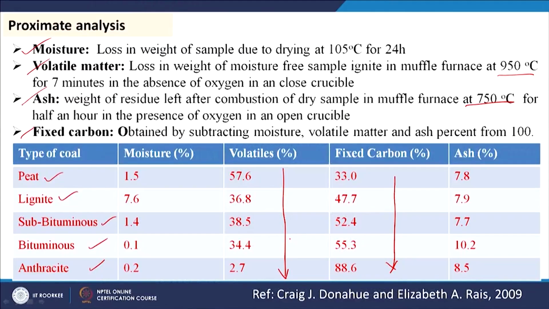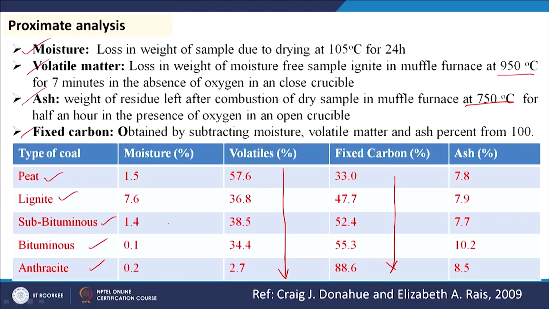So, with the stage of maturity these two are changing, volatiles reducing and fixed carbon increasing, as discussed in the introductory module. But moisture and ash are not inherent properties every time. They also depend upon external factors like how we are handling the coal, how we are storing it, and where we are getting it from, so all those factors, that is why there is no specific trend.